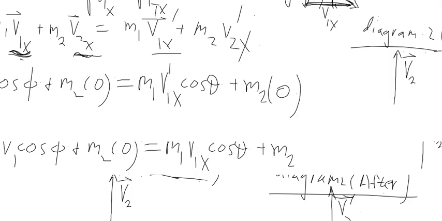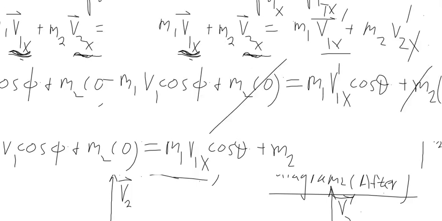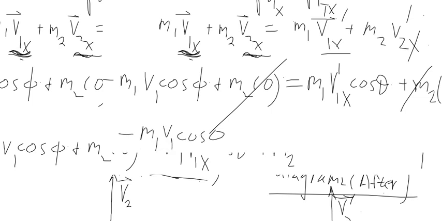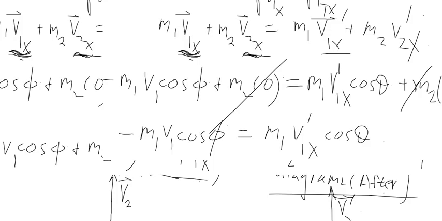This simplifies our equation because there are zeros here. So minus m1 v1 cosine phi equals m1 v1 prime cosine theta. Now you'll notice that the m1s will cancel, since they're divided on both sides.